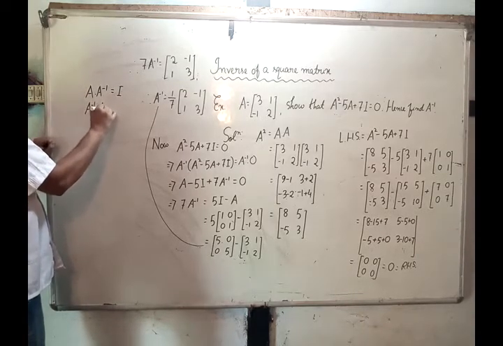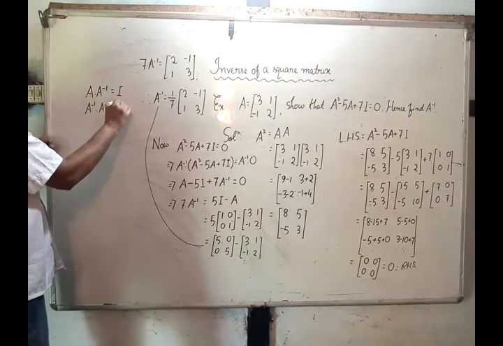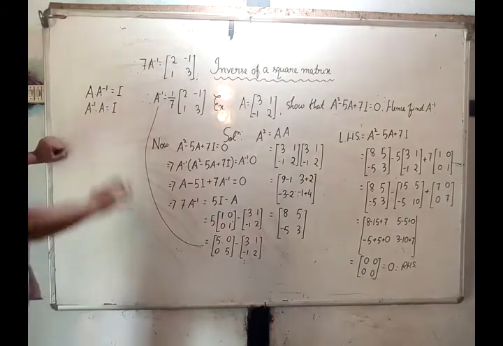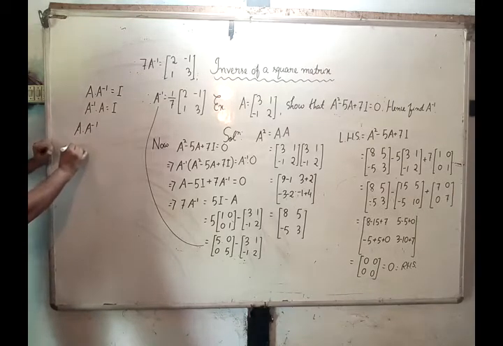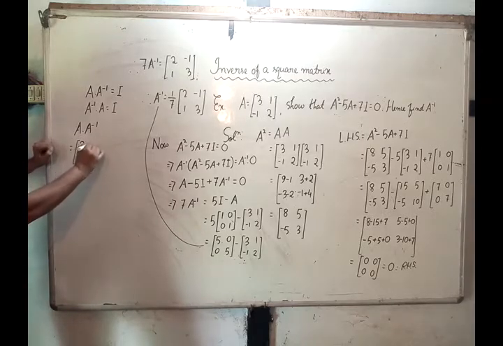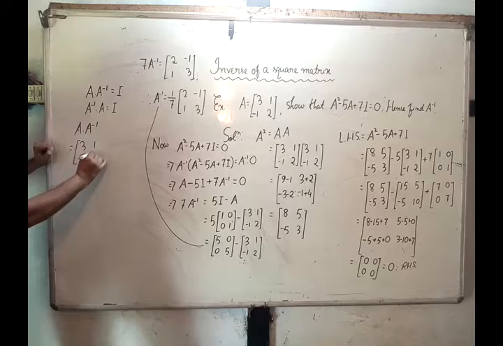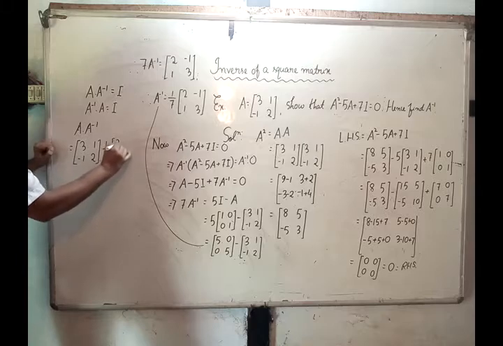Now we take A into A inverse to check it. A into A inverse is 3, 1, minus 1, 2, and A inverse is the matrix 1 by 7 into 2, minus 1, 1, 3.